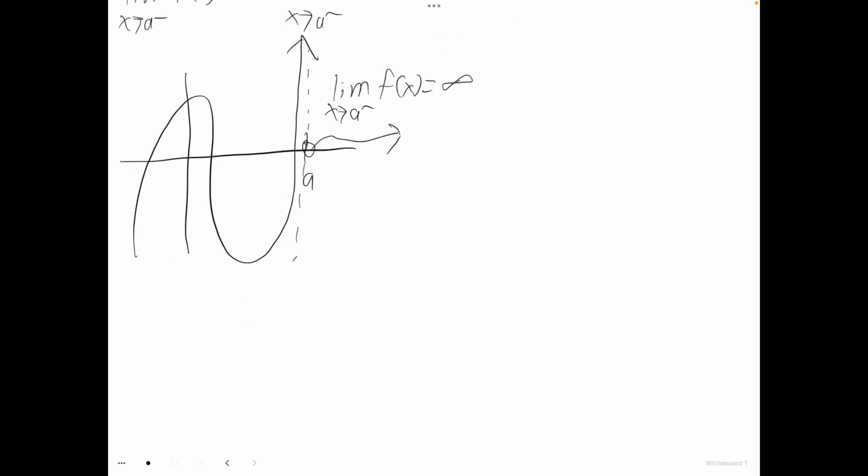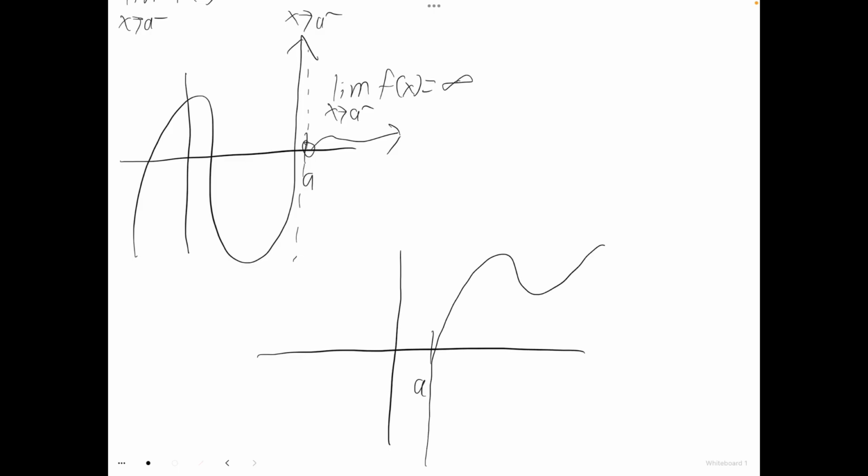We'd still have a vertical asymptote at the point x equals a. The same idea holds true if you approach from the right. Say we have this point a, we could have a vertical asymptote here, even though the function might be doing any number of things from the other direction. And it could even be defined at the point a as long as it's a piecewise function.